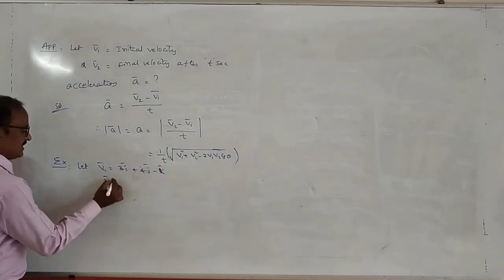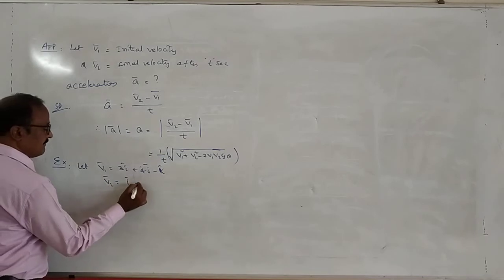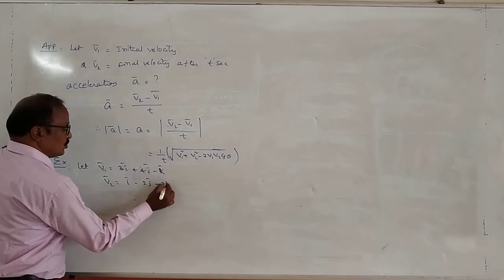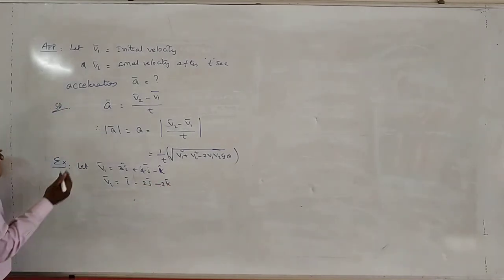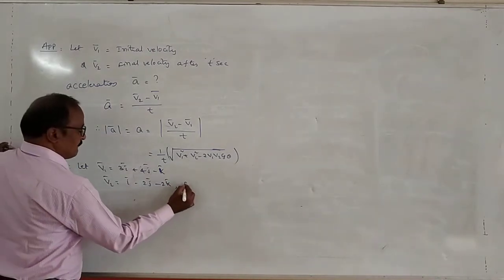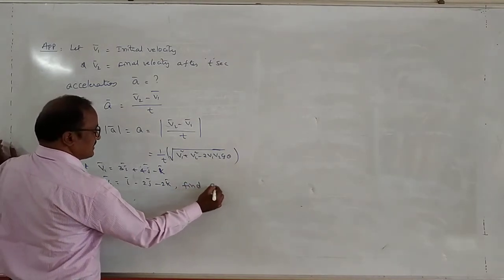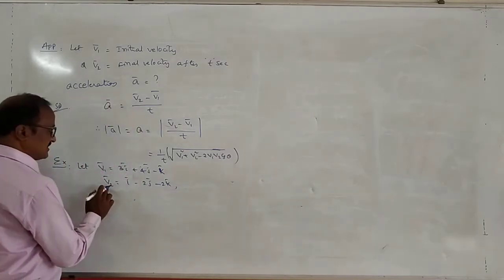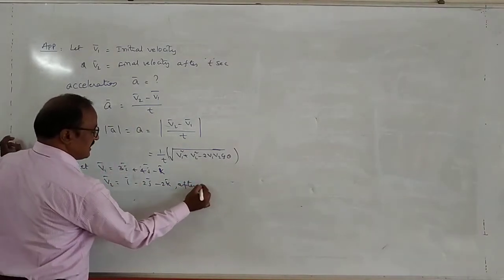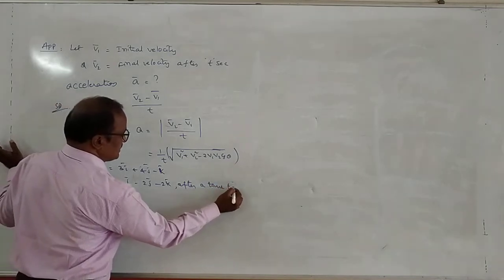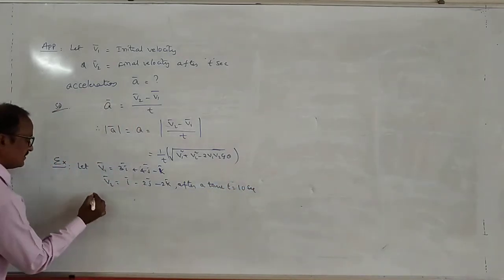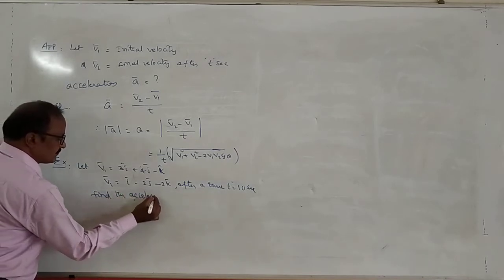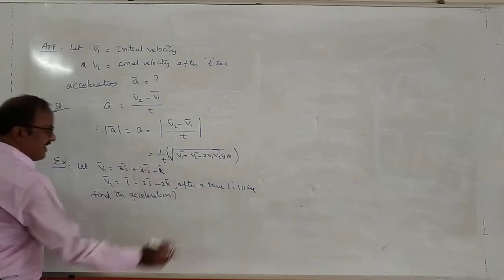The final velocity of the particle is equal to i bar minus 2j bar minus 2k bar, after a time t equal to 10 seconds. Then find the acceleration of the particle.